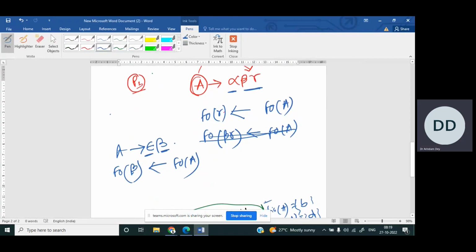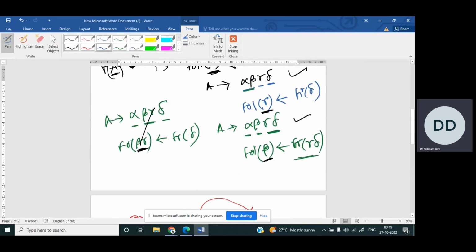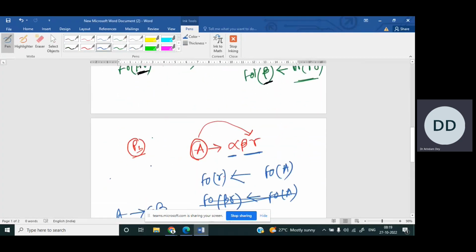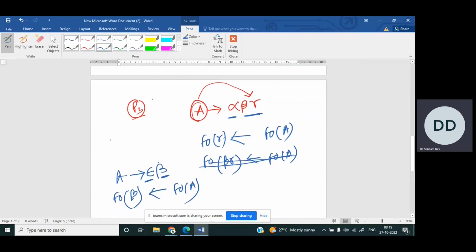So I can put epsilon anywhere I require if the situation arises. In rule number 2, we saw that if 4 or 5 variables are there in the production, then the third segment is inserted into the second segment. But in rule number 3, if only one variable, terminal or non-terminal, like beta, is generated, then I can put epsilon in the beginning to make this the second segment. The follow of A will be inside the follow of beta.